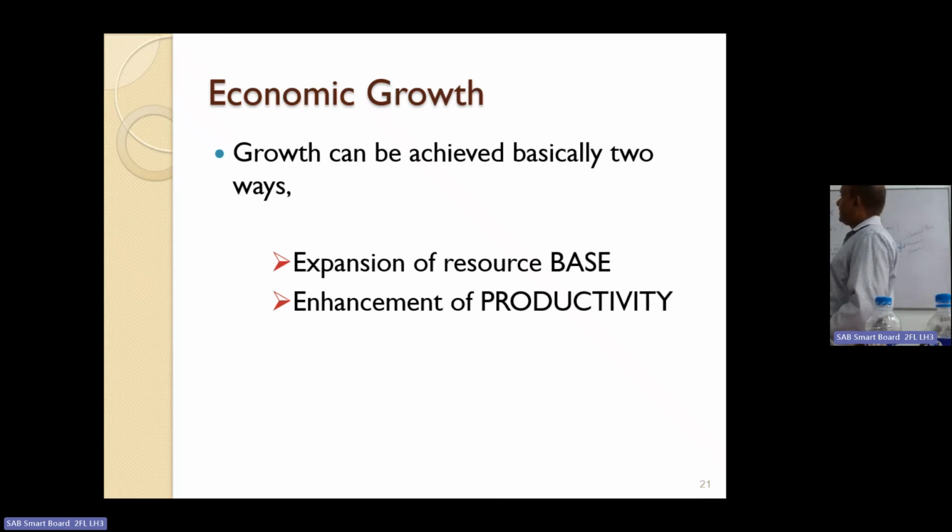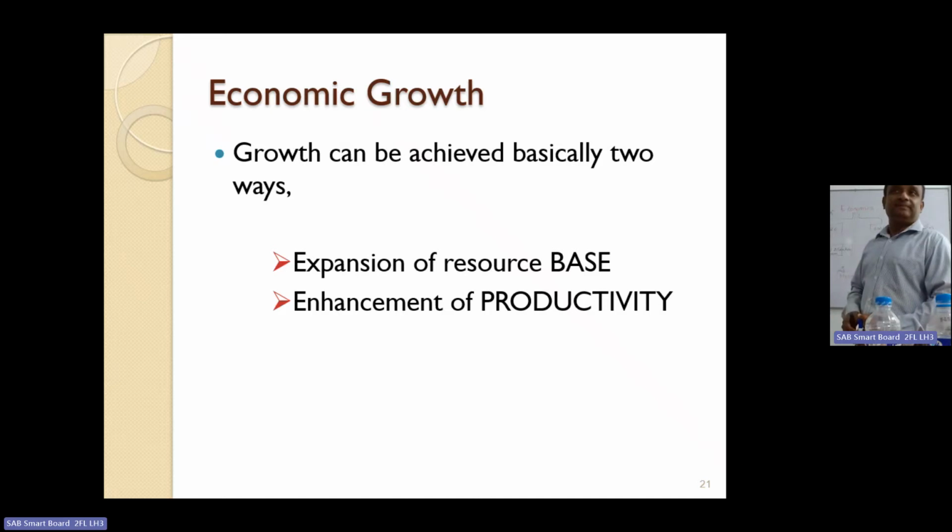And the other one is enhancement of productivity. How can we improve the productivity, the efficiency? Productivity can be improved using technology. For example, we convert manual work into computerized work, so using the technology we can improve the productivity.